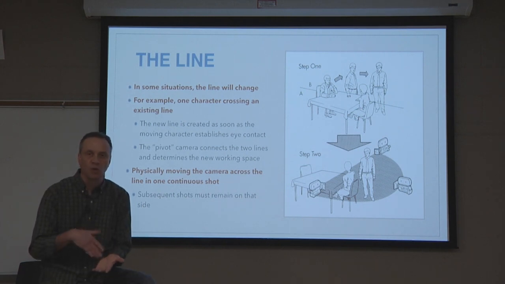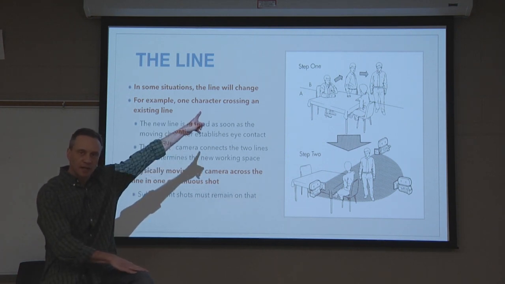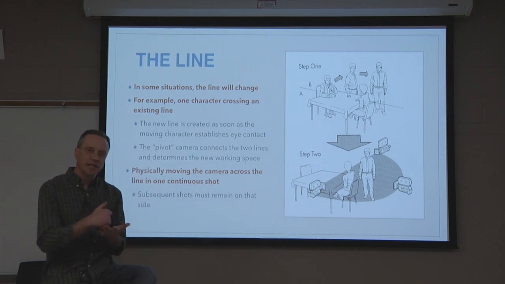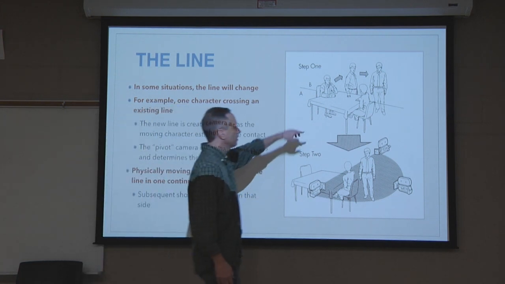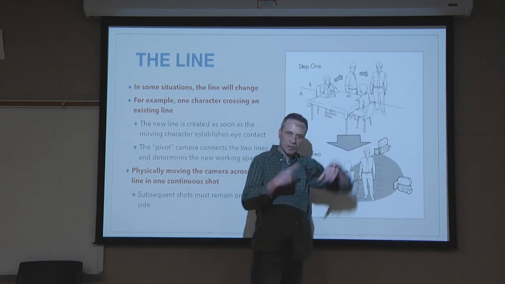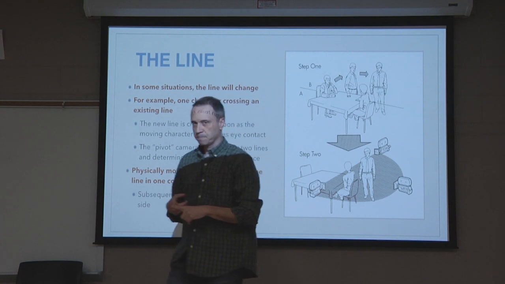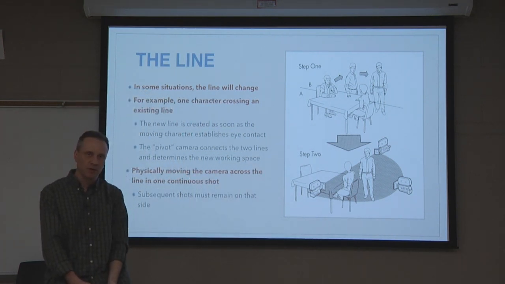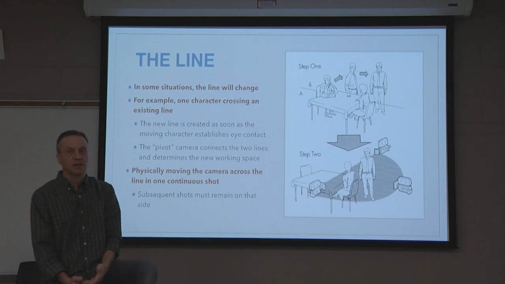You're rolling the take as we move from one side to the other, typically on a dolly. So if I dolly across from side A to side B, continuously rolling, we will now reestablish a new side of the line for the viewer, which is fine.